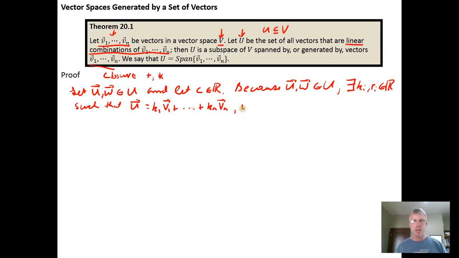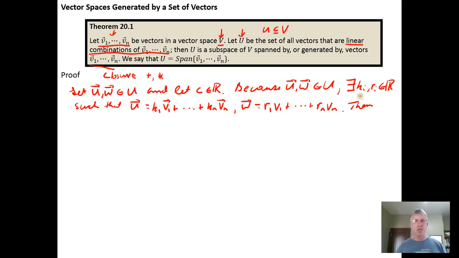And we know that w is also going to be a linear combination of these n vectors. So we're going to use r for our scalar, r sub 1 times V sub 1 plus all the way through to scalar multiple of the nth vector. So we construct the two linear combinations.